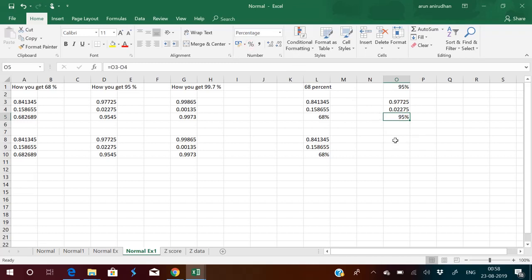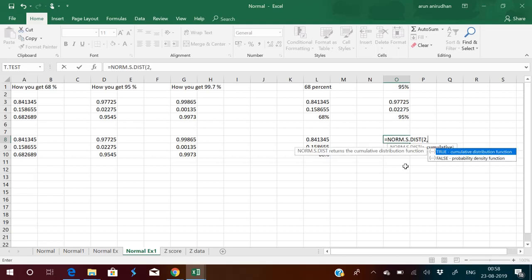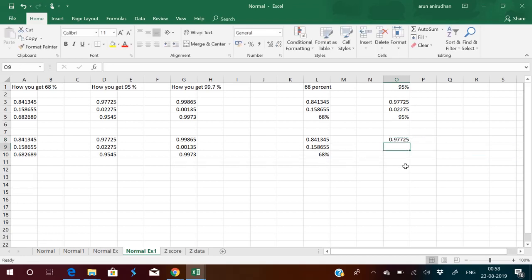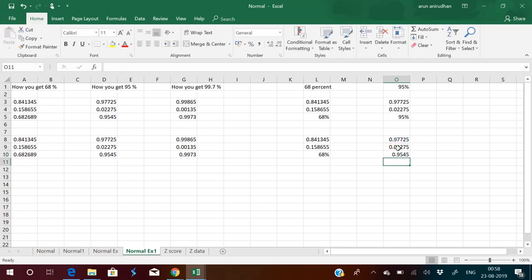So we will try the other method using the Z. Norm.S.Dist is 2 standard deviation, 2 comma true, and 2 standard deviation to the left side. Norm.S.Dist minus 2 comma true, equal to this minus this one.